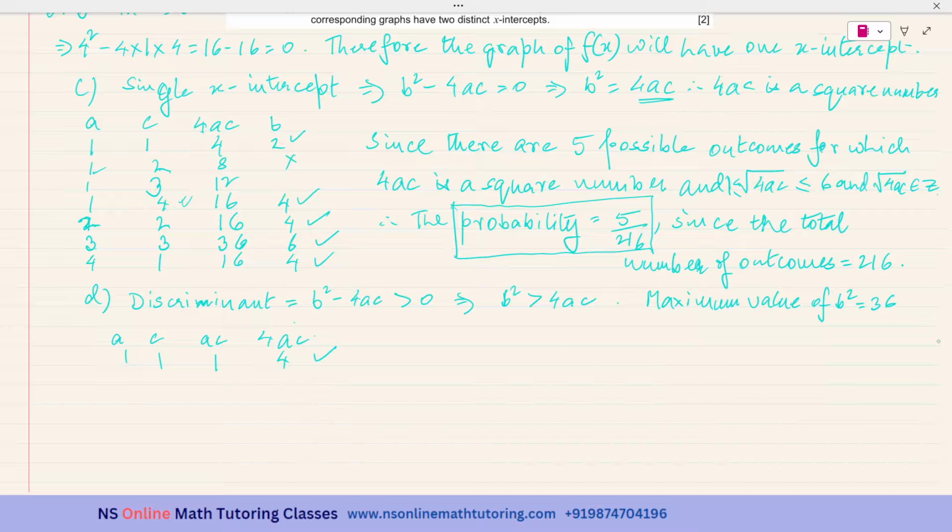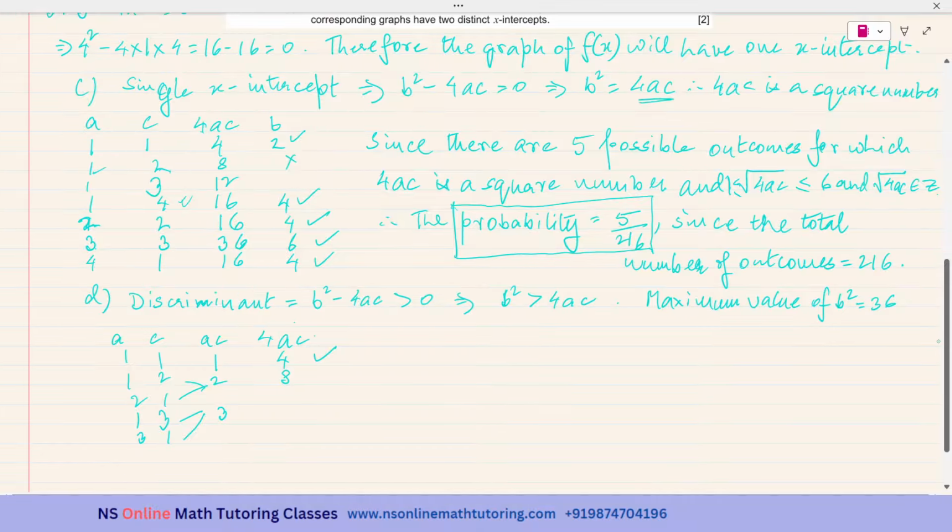So 1 times 2, we can take 1 times 2 or 2 times 1. Both will be the same. The product is the same, I mean. And this is 8. We can take this. And 1 times 3 and 3 times 1, 3.